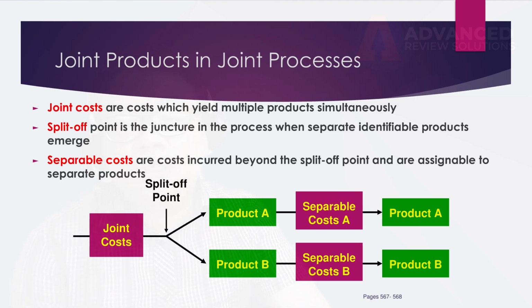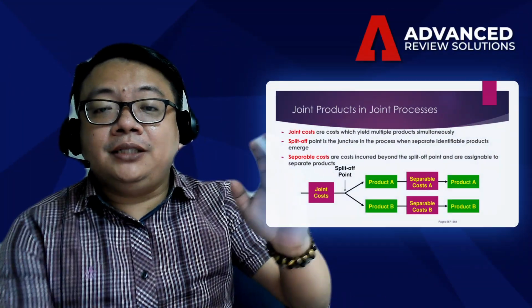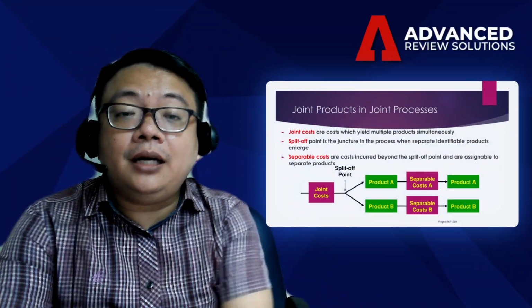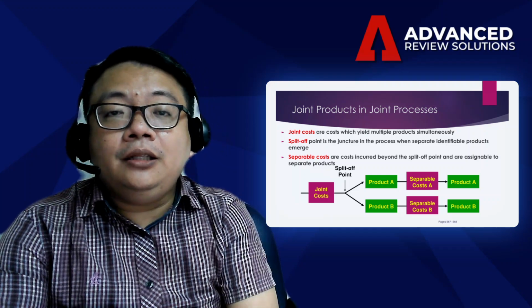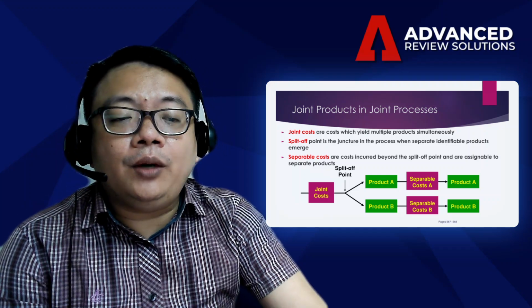Whatever you spent on product A would be your separable cost A. In product B, there would be separable cost B. And you have your product A and your product B. That's how easy it is, class, when we talk about joint products and the joint processes.